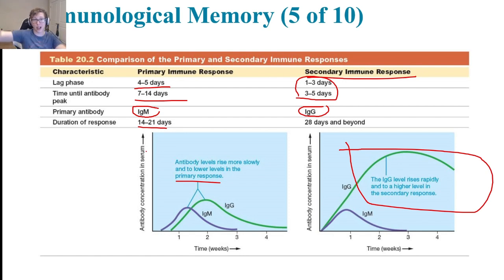It has a lot more spikes and a lot more peaks and a lot more everything. It takes more energy to produce. Compared to IgG, when you're dumping out tons and tons of antibodies, you're going to get a huge response and it's actually going to be much faster. And if you can see duration of response, your body keeps it up because it wants to make sure that you're protected.